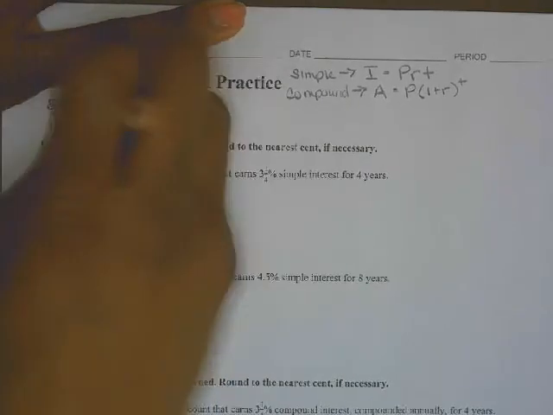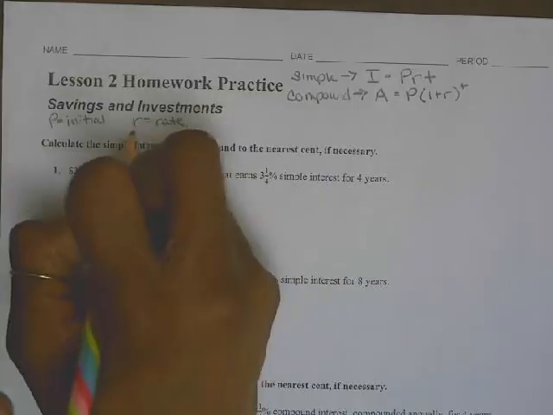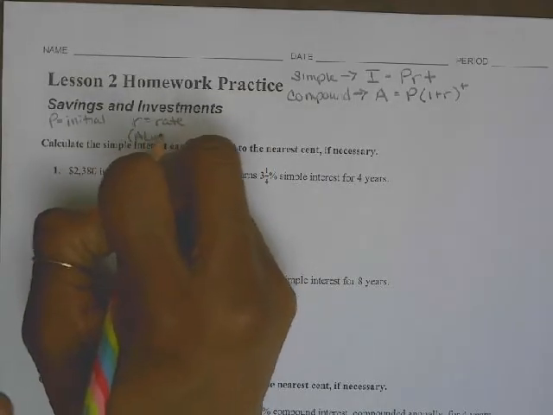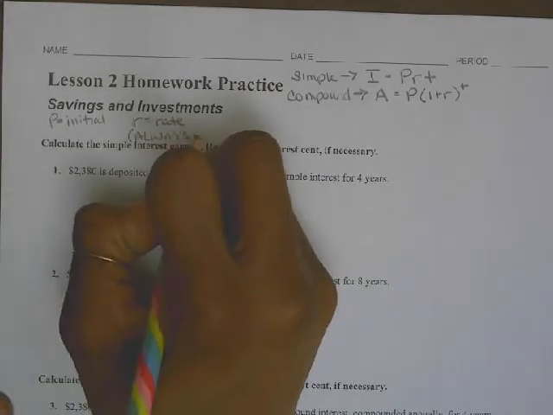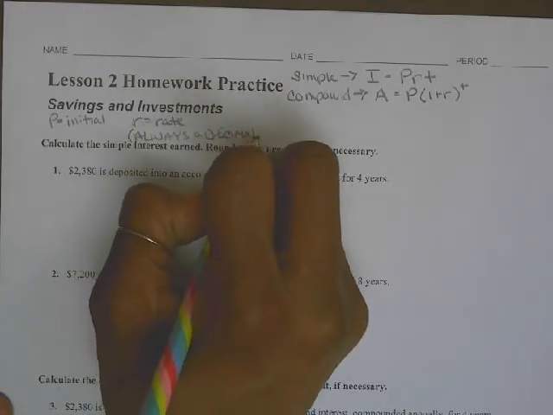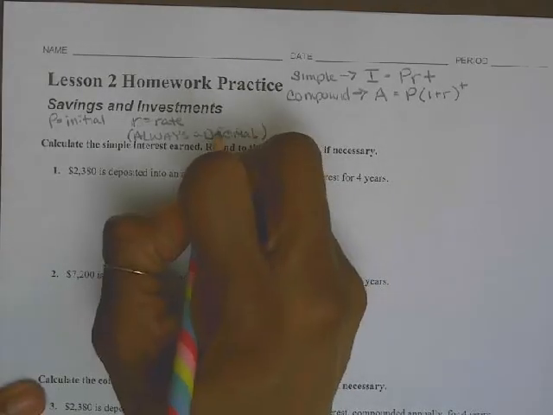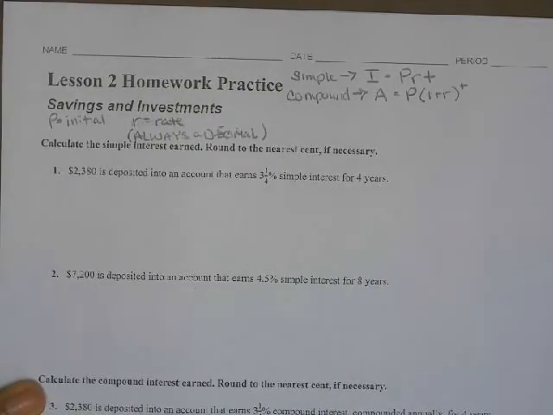Now, for your rate, you want to make sure that that's always going to be in a decimal form. R equals rate. This is always a decimal. So we're going to see it as a percent, but we need to make sure that we're changing it to a decimal. Okay?